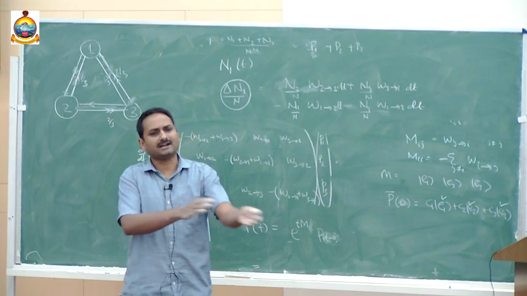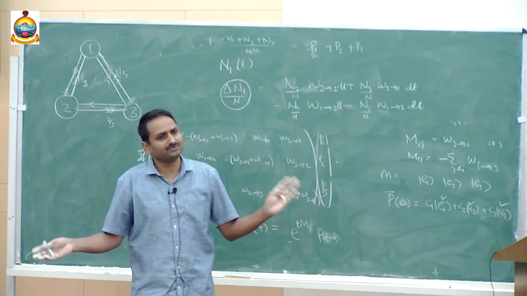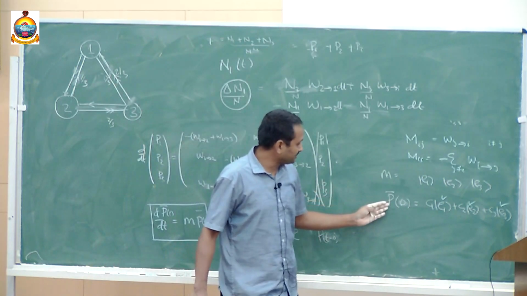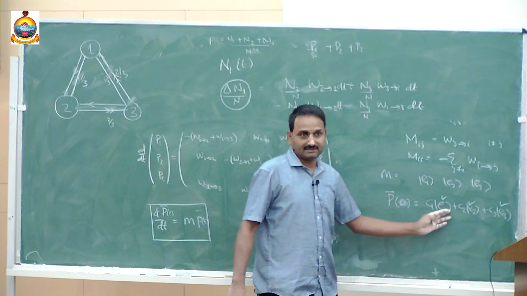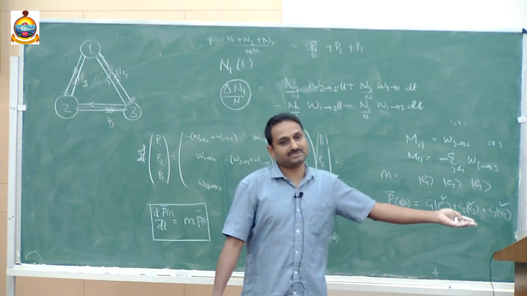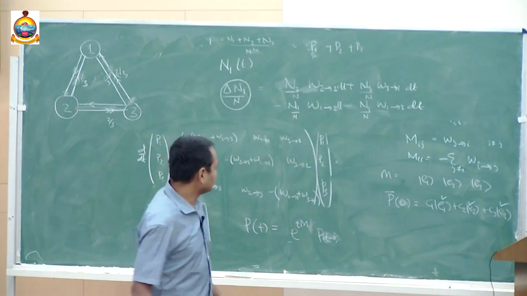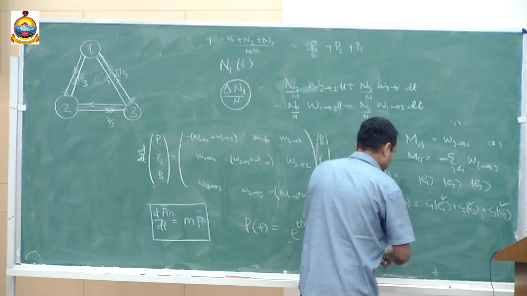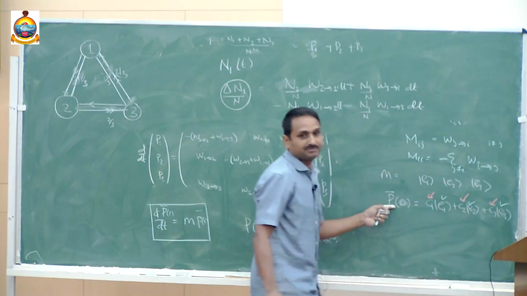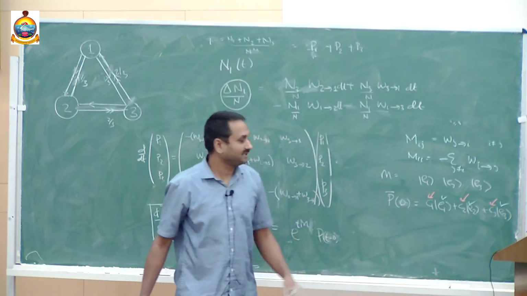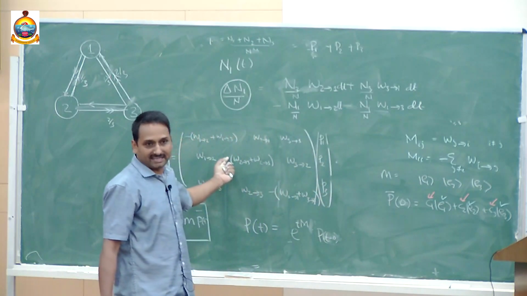You can also start half here, half there, whatever initial condition you want. This side is known, this side is known, and this gives 3 equations because it is a vector, so you can solve for c1, c2, c3. They come from the initial condition and the matrix M, and M comes from the dynamics.